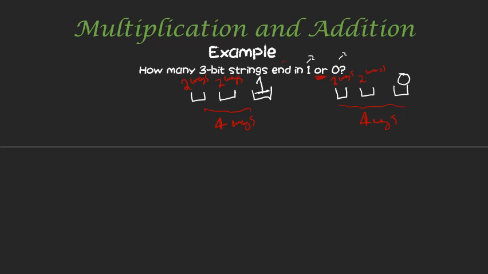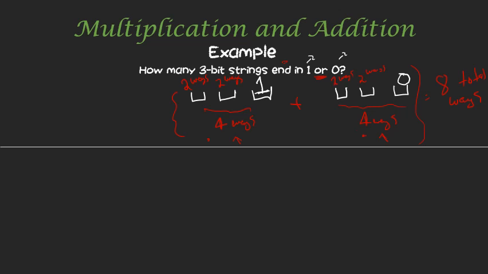A solution looks like one of these ways to do it, or one of these ways to do it. Rather than pick one of these things and then pick one of these things, in which case we'd multiply them, we're deciding this or that. And so this is the addition principle. This is why we add them. So there's 8 total ways.